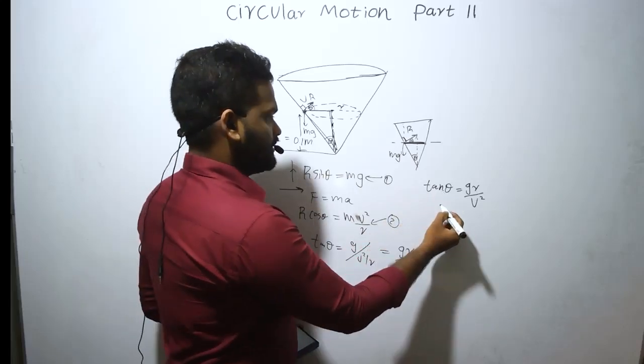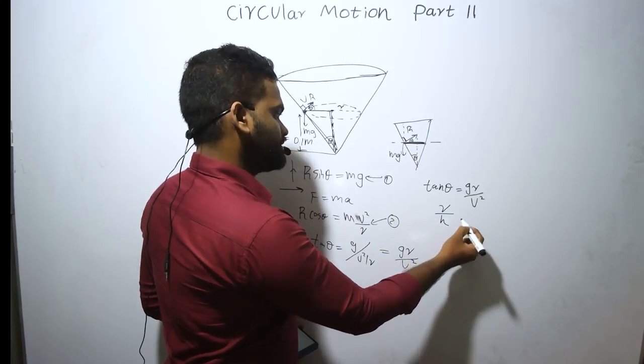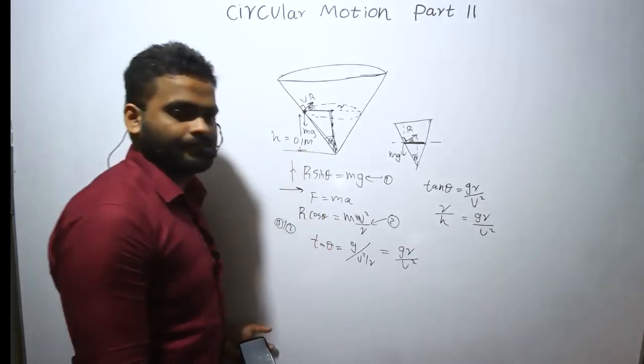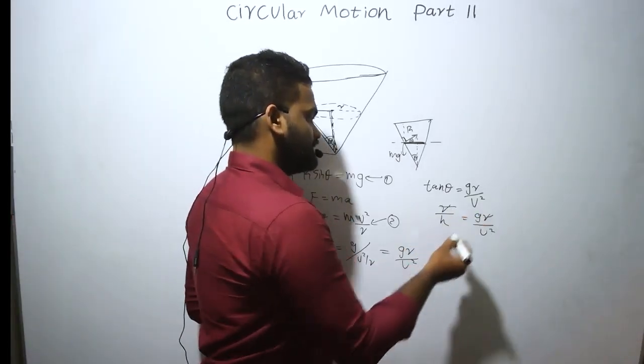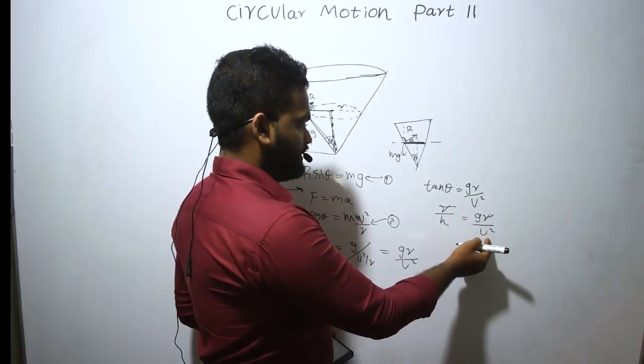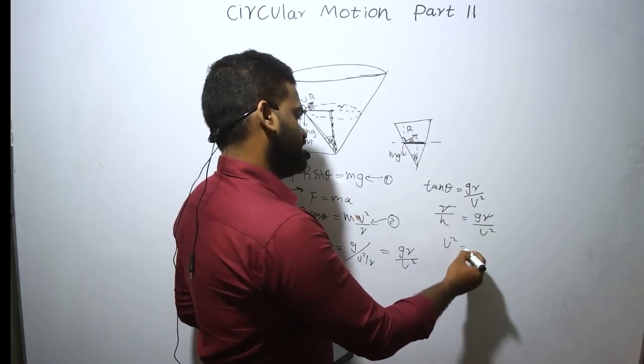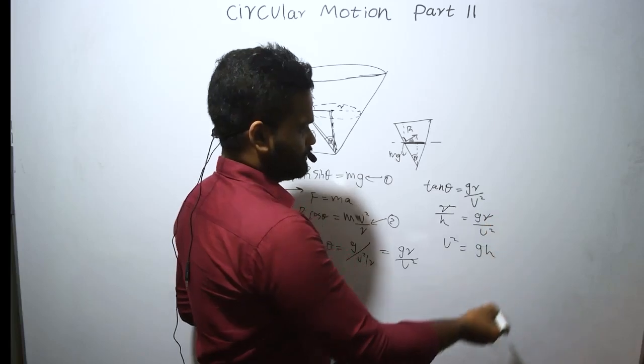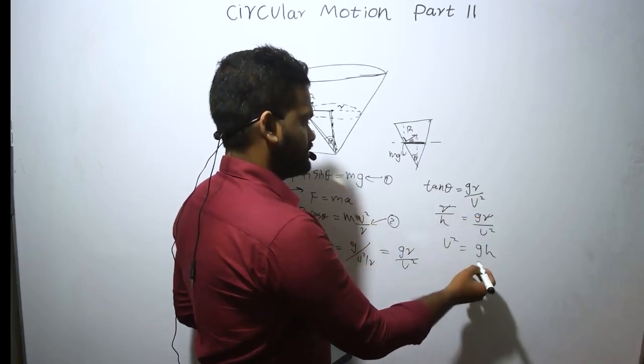So instead of tan theta, you can put r divided by h equals g r divided by v squared. R cancels off. You need to find v, so I'll make v squared the subject: v squared is equal to g h.